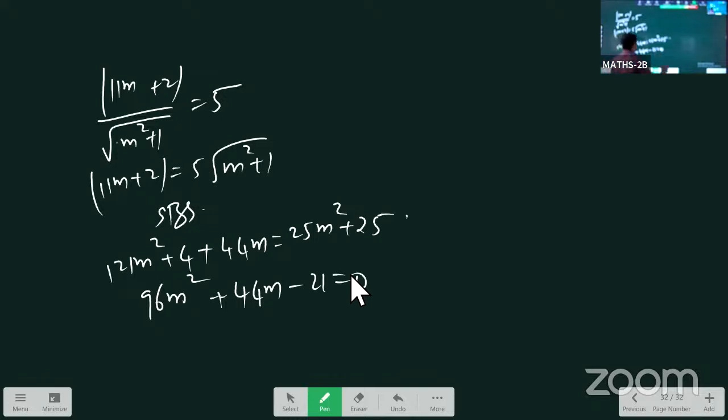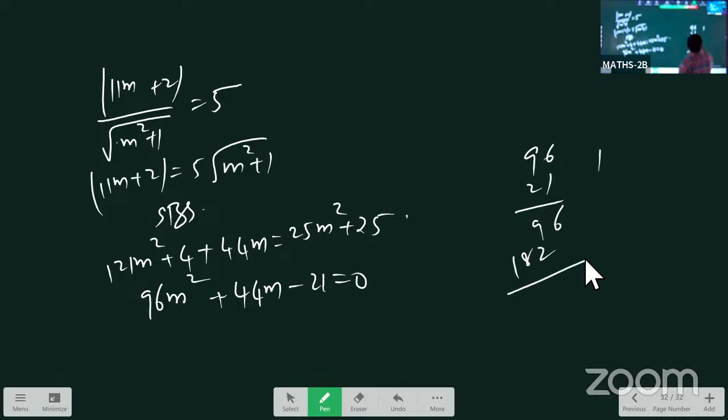What are the factors of 96 and 21? The product is 2016, and to get 44 the factors are 72 and 28.